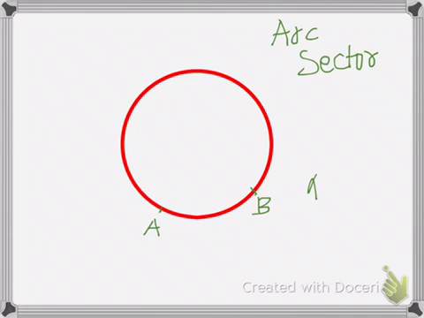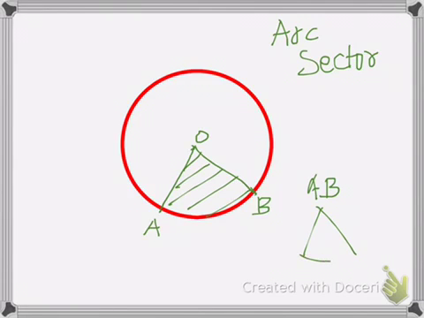Here AB is the arc of the overall circumference of the circle, and the smallest part that looks like a slice of a pizza is a sector.